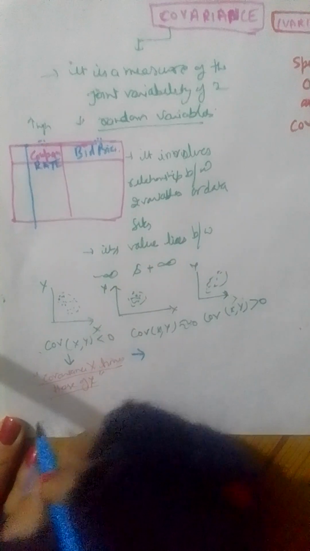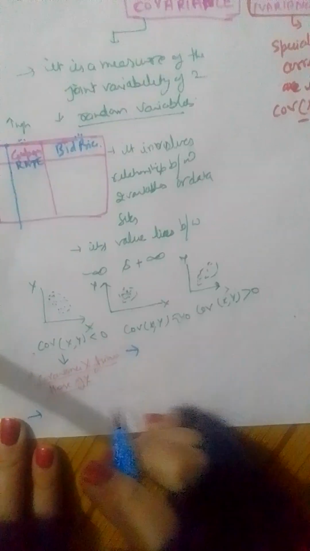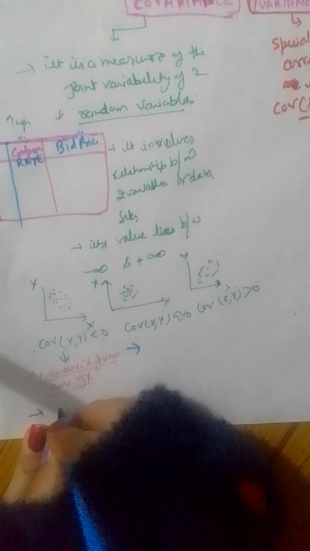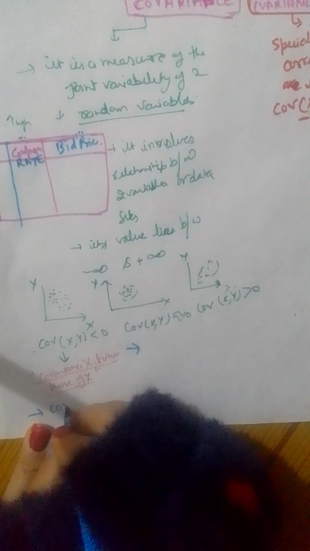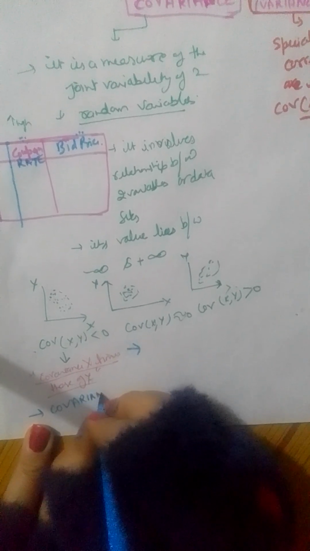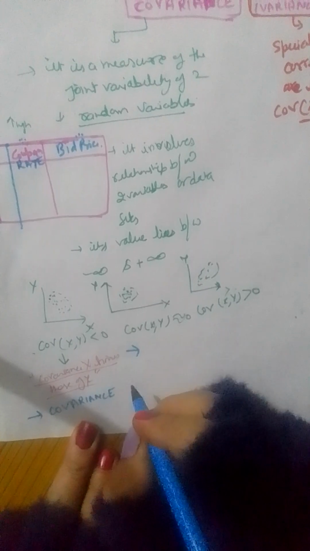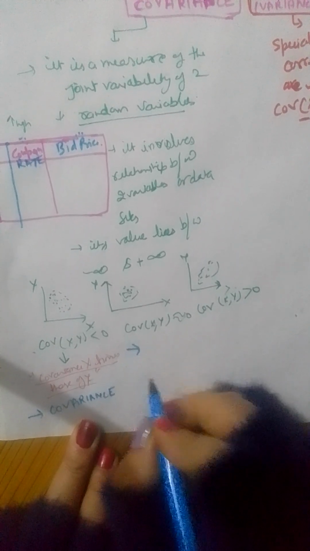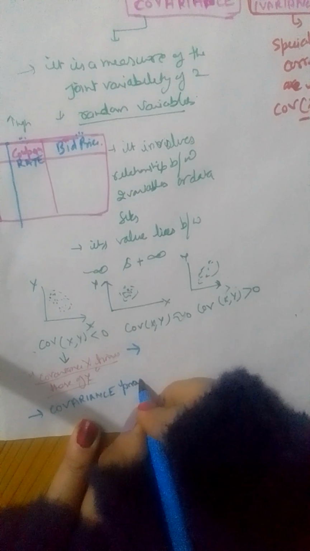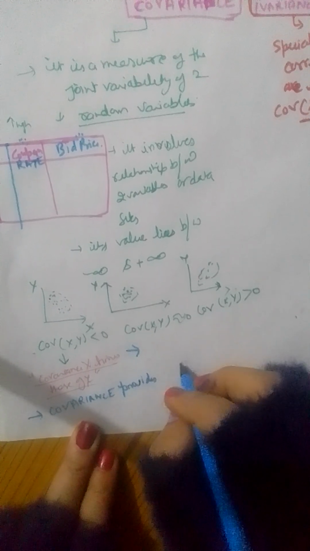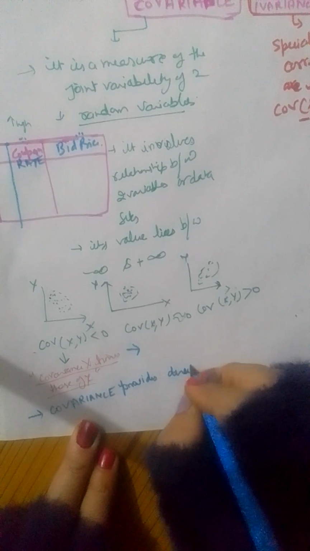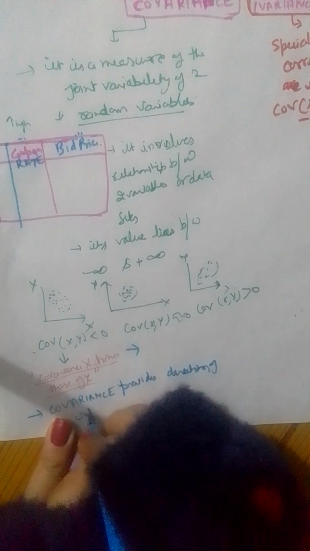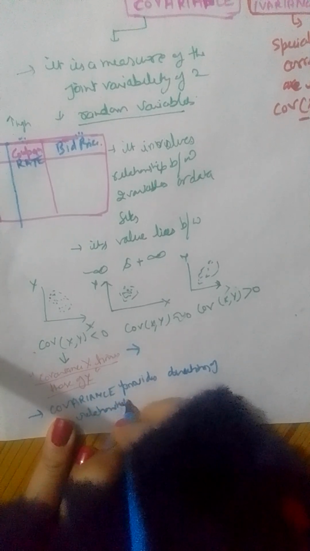So after seeing this, what we can say is that covariance provides direction of relationship.